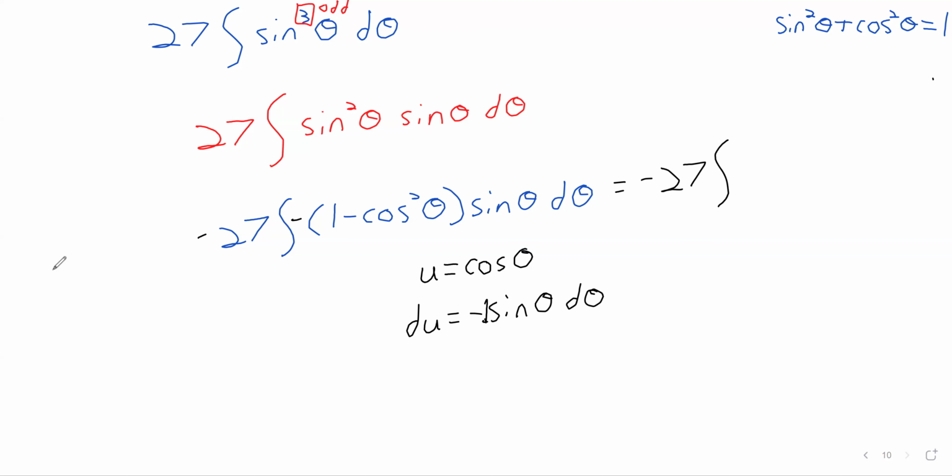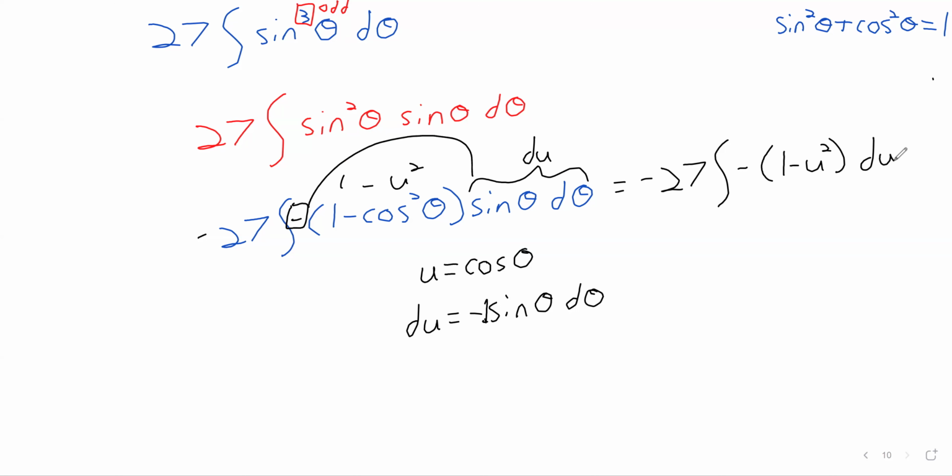So we've got negative 1 minus U squared du. Wait, incorrect. This negative sign is part of the du. So we have positive 1 minus U squared.